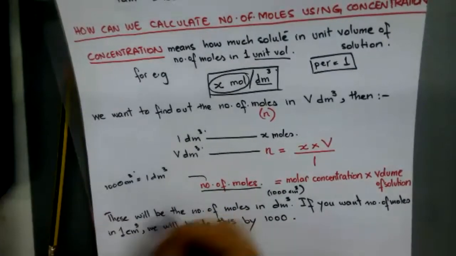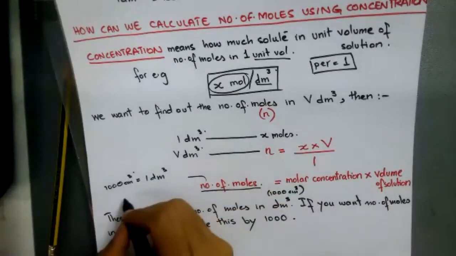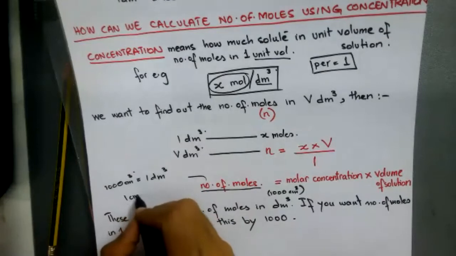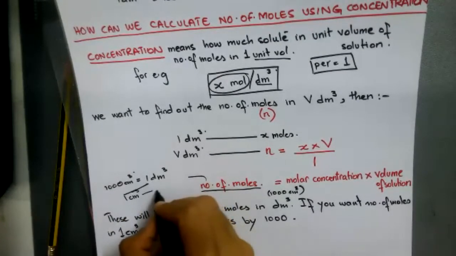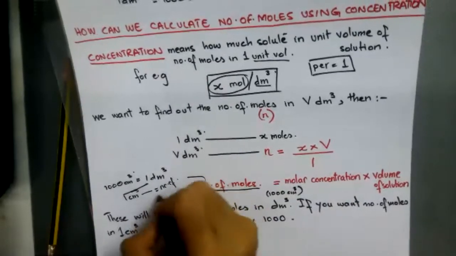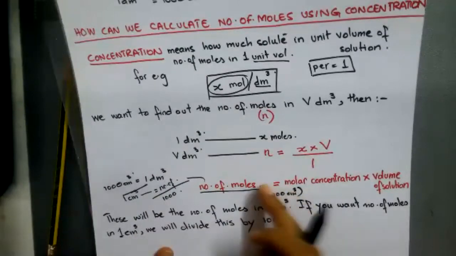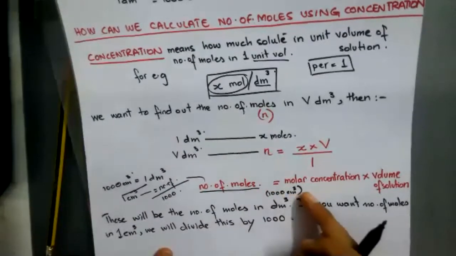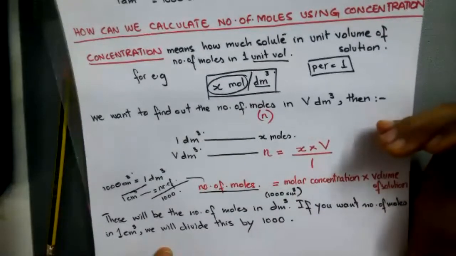And so if the question is asking you to give the answer in cm cube, you can easily find out how many in 1 cm cube. You simply divide whatever answer you get by 1000, and you can give your answer in cm cubes.